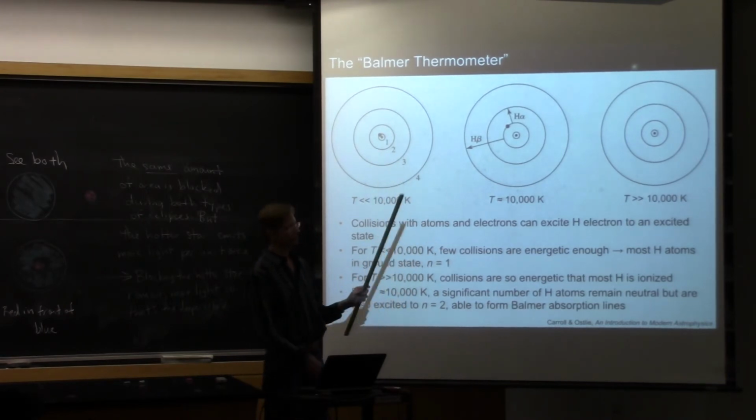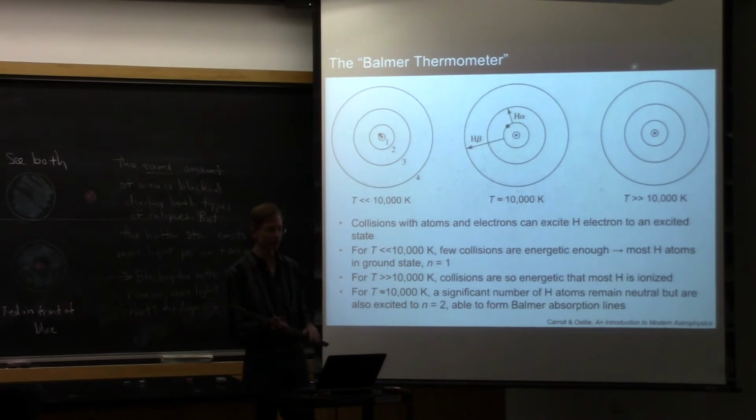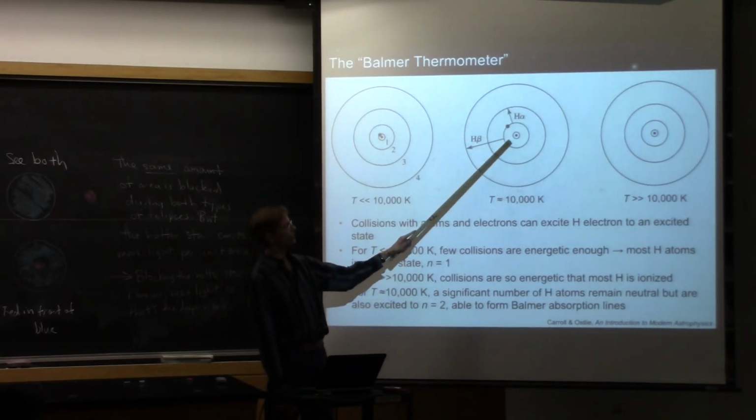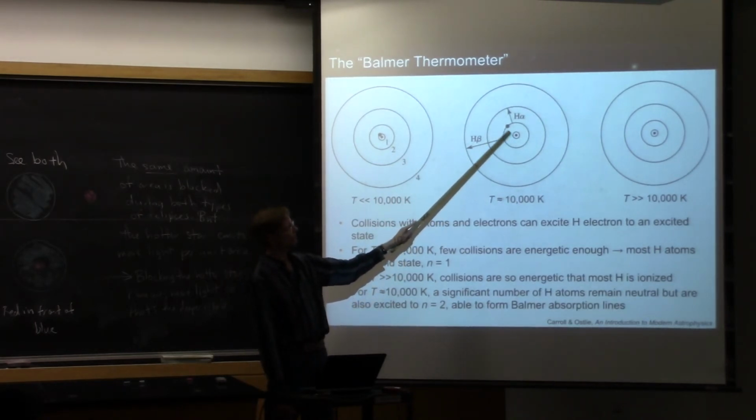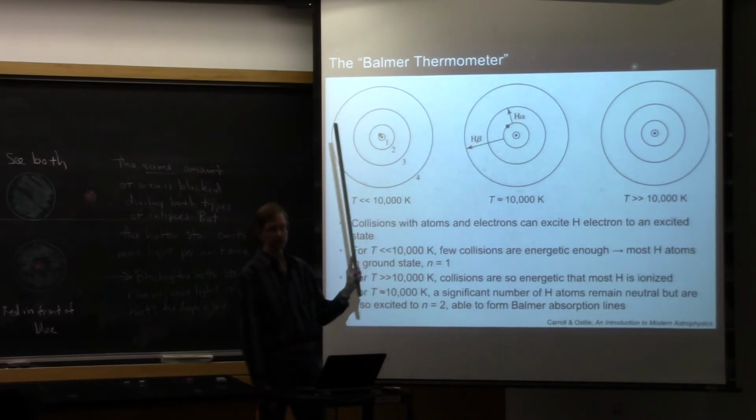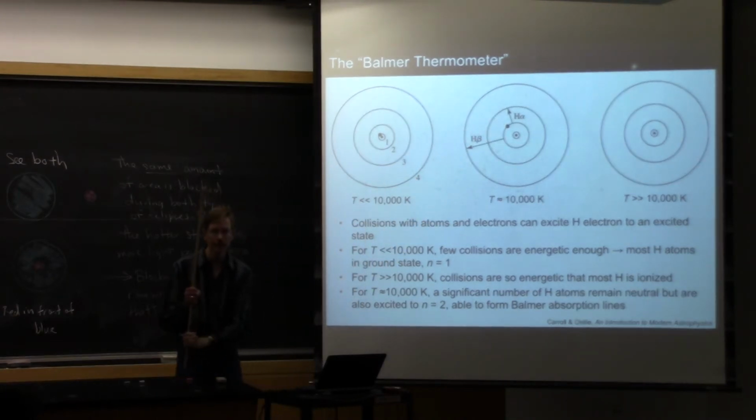So for having strong hydrogen spectral lines, you need hydrogen atoms that have the electron already sitting in the n equals 2 level. So any questions about that? That's the first ingredient. You gotta be sitting in n equals 2 to begin with. In other words, the second level there.